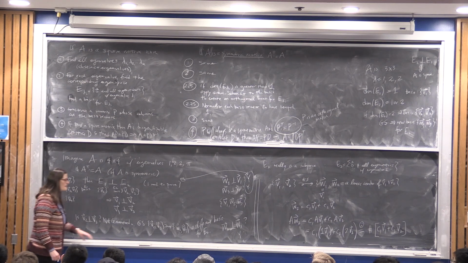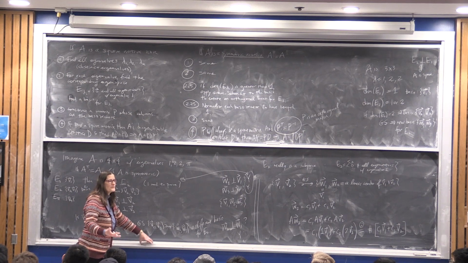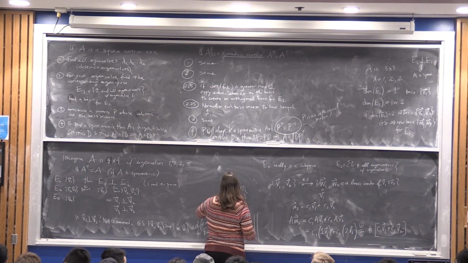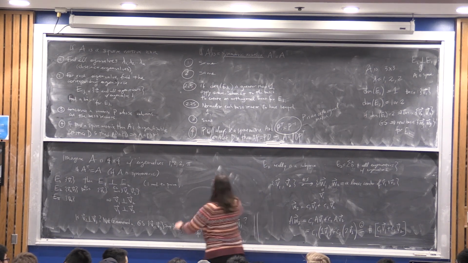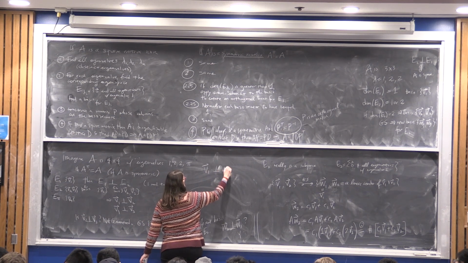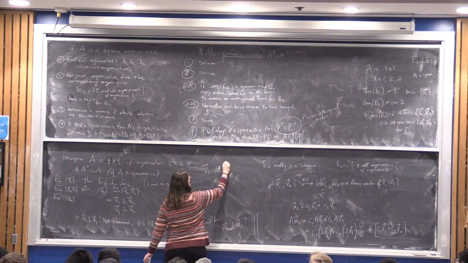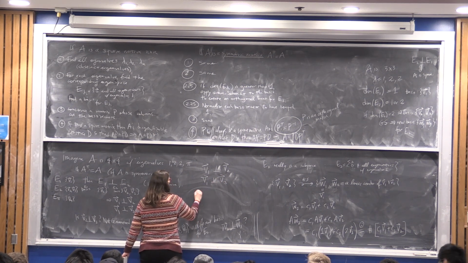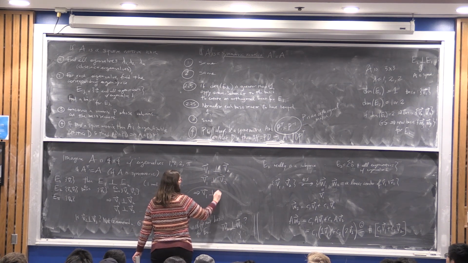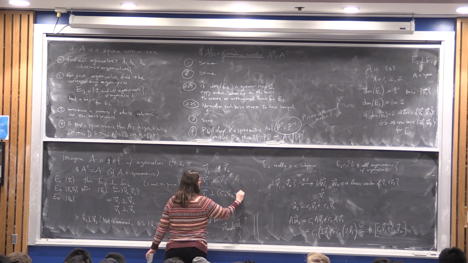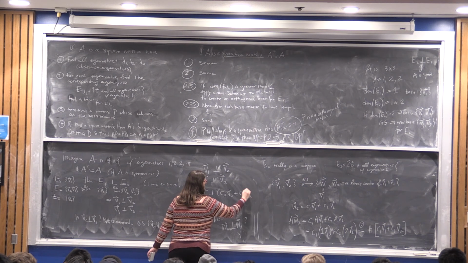Yes? Since V1 is orthogonal to V2 and V3, it's orthogonal to all linear combinations. Exactly, which is why if we transform to W2 and W3, it's still orthogonal. What was just said is that if V1 is orthogonal to V2 and V1 is orthogonal to V3, then V1 is orthogonal to any linear combination of V2 and V3.